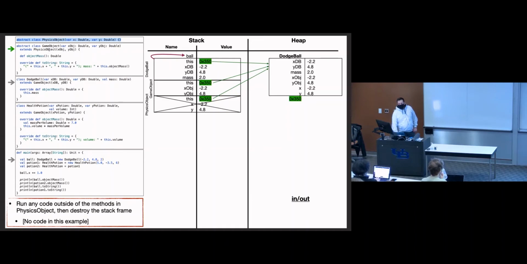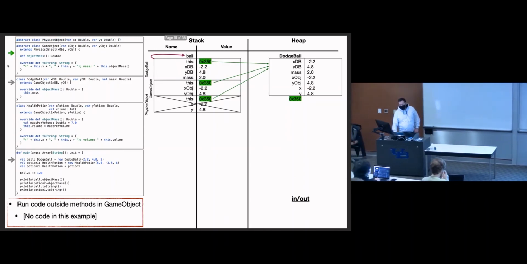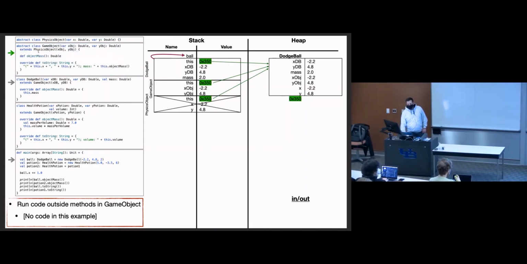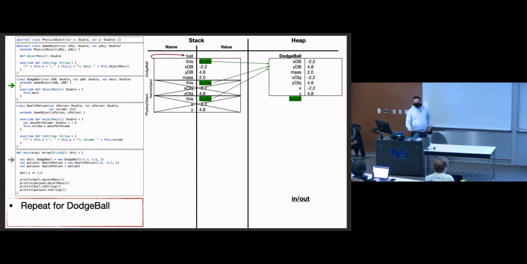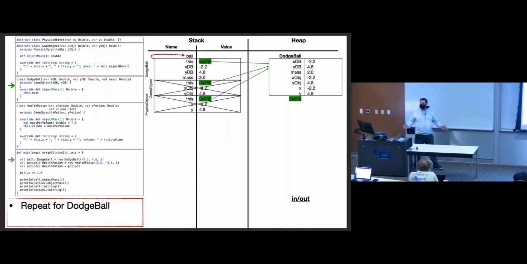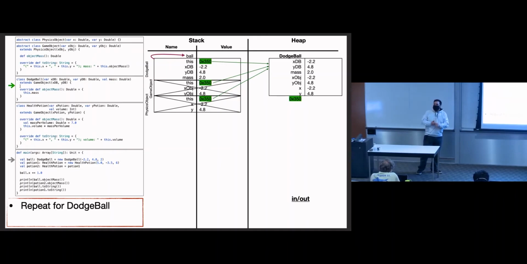We go back to the game object constructor, run any code that's outside of the methods in this class, return, run any code that's outside of the methods in dodgeball. Again, there's no code in this example, but if we had extra code there, extra state variables being created, they would be created on the way up as these stack frames are returning.